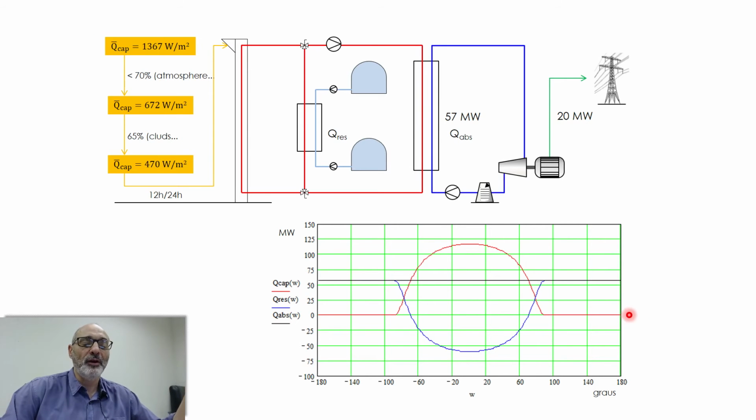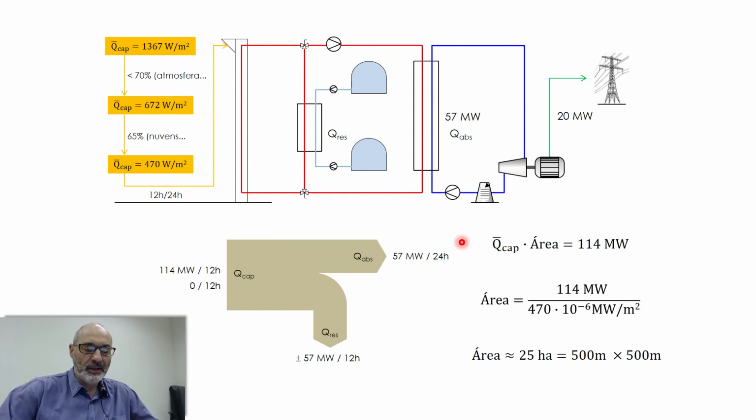This I calculate from all those celestial mechanics formulas, and then the amount of heat that goes to the storage system is the difference, the black line minus the red line. Okay, is the blue line. Okay, so this means that during the day I have to generate energy for both the secondary cycle and for the storage system. Okay, that's what this number means.